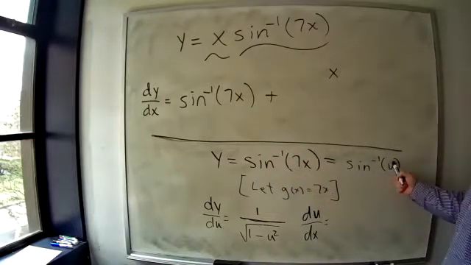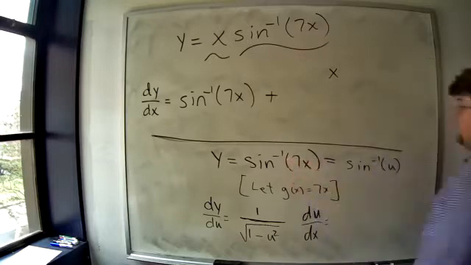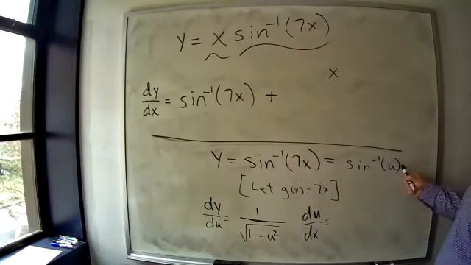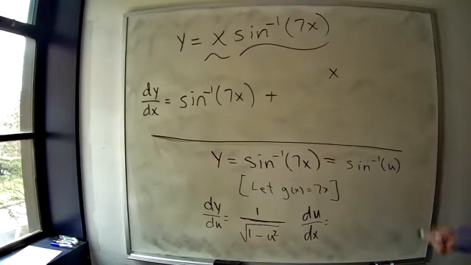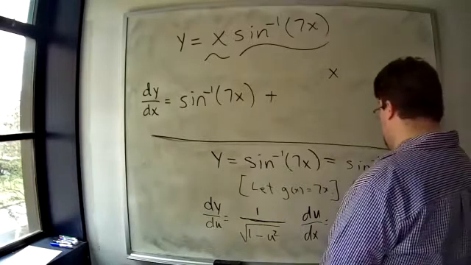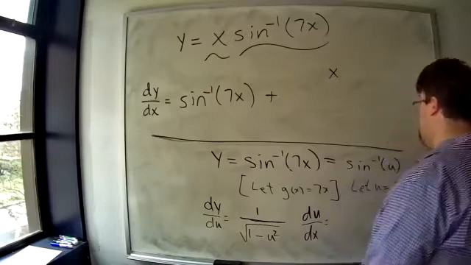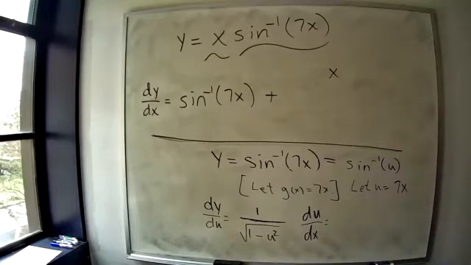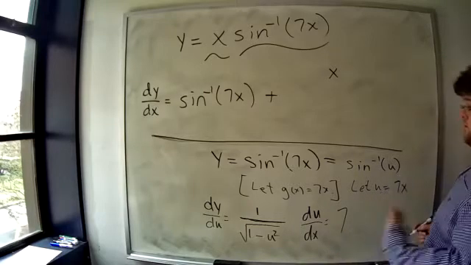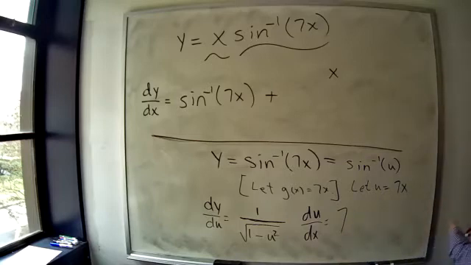So if we let u be this variable, now we can take the derivative of inverse sine of a single variable using the derivative rules, and we can take the derivative of 7x using the derivative rules. So the choice of u allows us to use those rules so that we can then apply the chain rule.